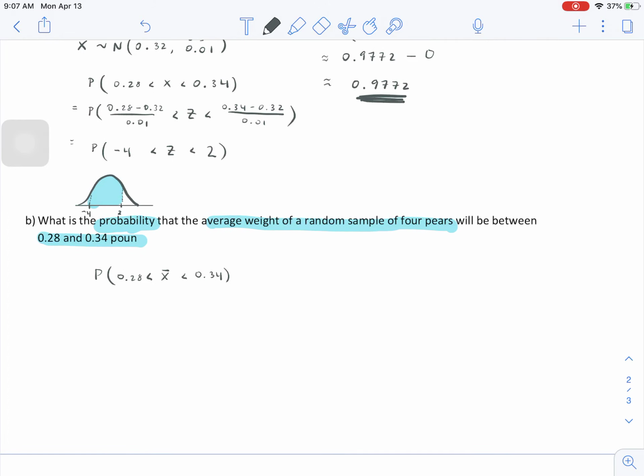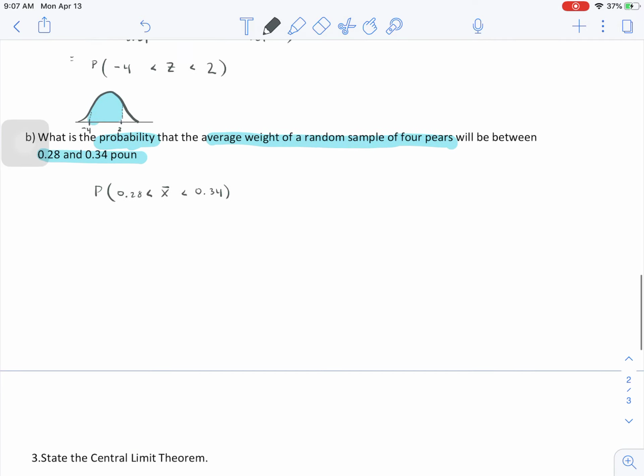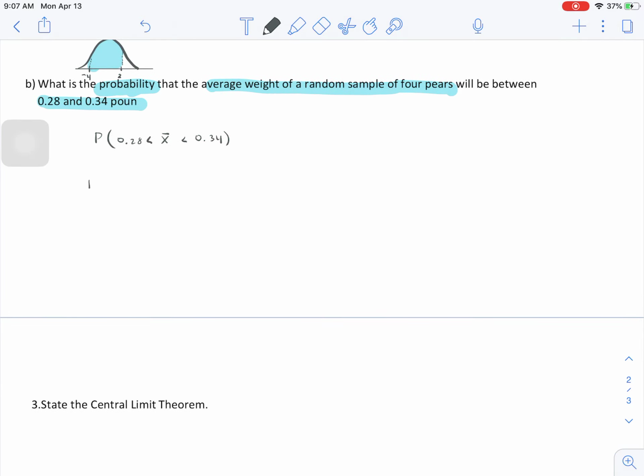Well, what's the distribution of the sample mean? To use the central limit theorem, I'll abbreviate with CLT, we need to satisfy 2 conditions. So let's check if those conditions hold.